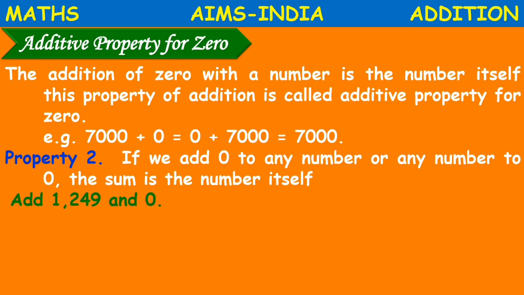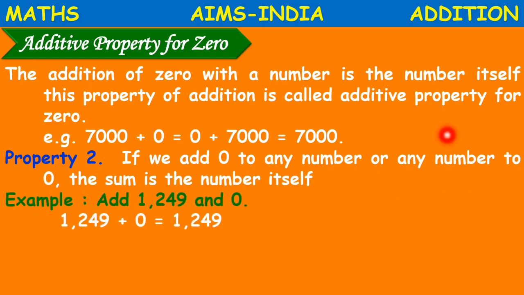Clear, students? This is very easy, right? We have already done this in the previous classes. Now what are they asking us? To add 1249 and 0. So 1249 plus 0 becomes the number itself, which is 1249.